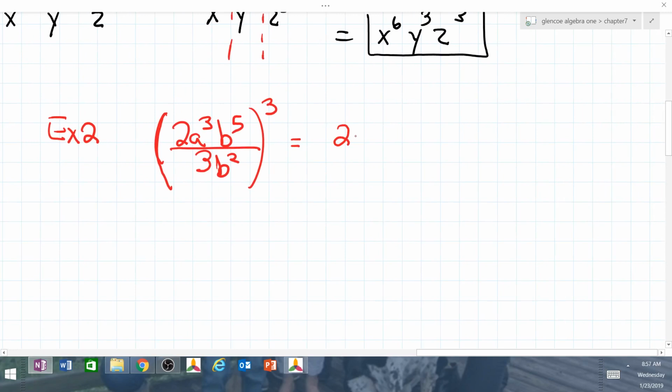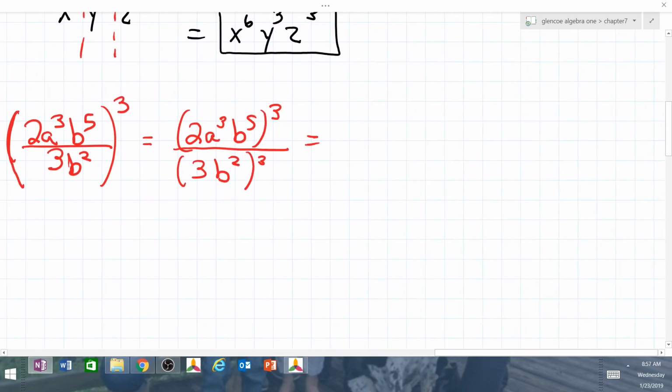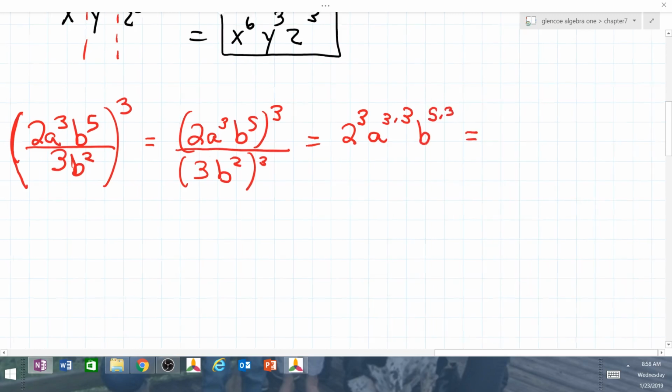So this is going to be 2a cubed b to the 5th, and everything there is going to the power of 3. I'm exaggerating this. I do not want you to miss out on what's happening. Now I'm going to take each part of the numerator to the 3rd power. So this is 2 cubed, a to the 3 times 3, and b to the 5 times 3. Does anybody have a question?